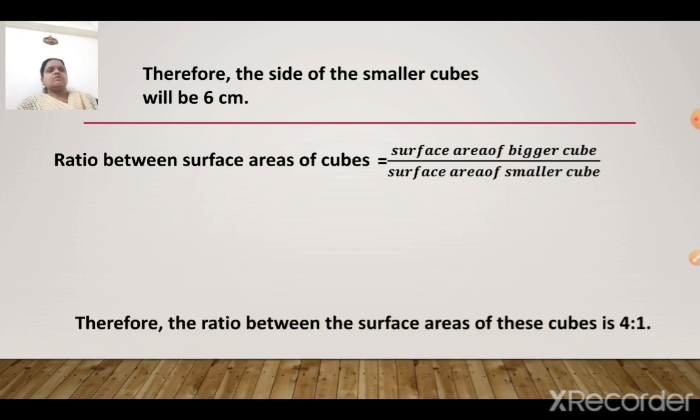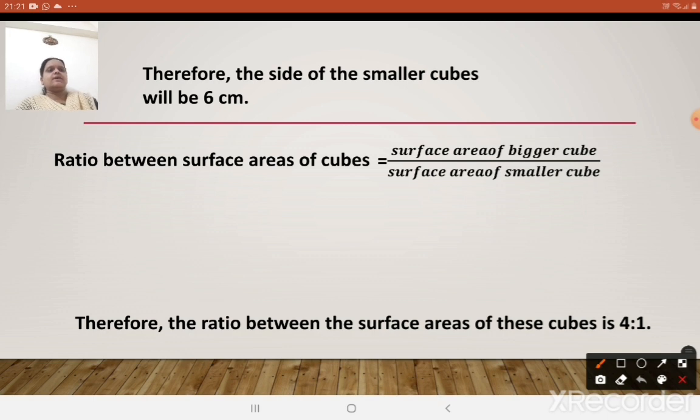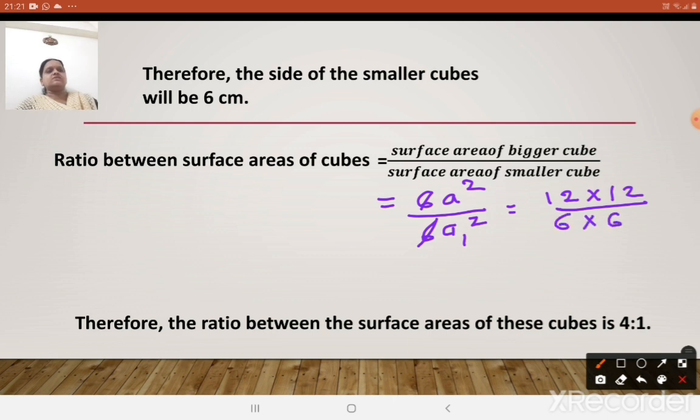Now how to find the surface area of the bigger cube? Do you know the formula here? That is 6a square. Is it correct? Here, and this one will become 6a1 square. 6 and 6 will get cancelled. So what is the side of the bigger cube? 12. So it will be 12 into 12, and for the smaller one, it is 6 into 6. 6 ones are 6, 6 twos are 12.